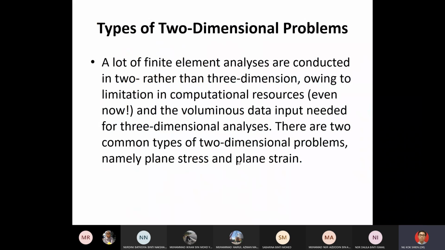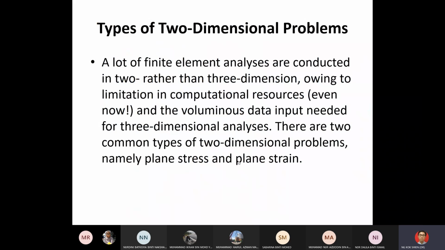Now, this slide talks about two-dimensional problems. If you use finite element numerical modeling, you can use 2D analysis or 3D analysis. 3D analysis is quite complicated, and it requires a lot of computational effort and resources.